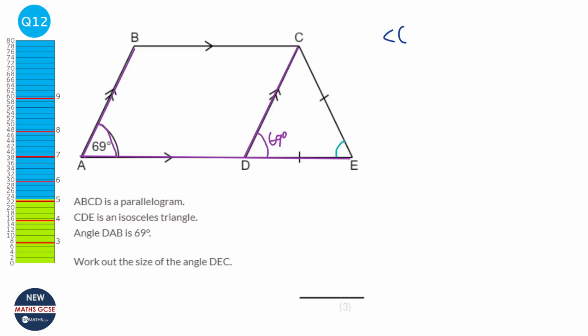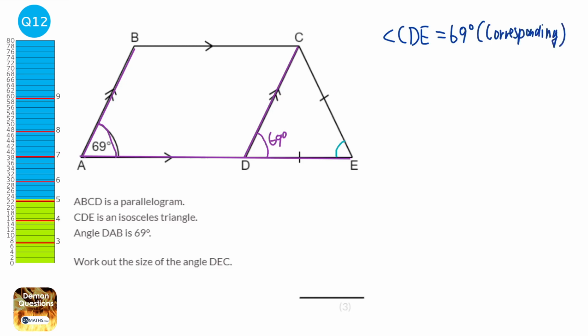So angle CDE equals 69 degrees because of corresponding angles. Okay. So if I know that the CDE is 69, I also will know that this angle here is 69 because they're the bottom two angles in a triangle.